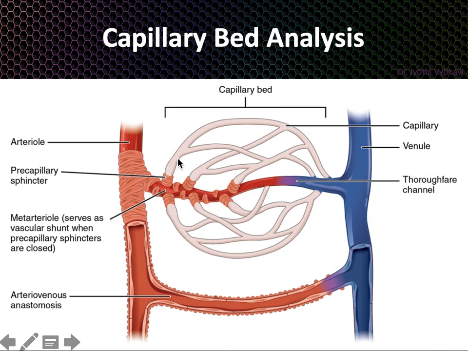Even though the capillary is like one single tissue, the arterial side behaves like a totally different tissue, and the venous side behaves like a different tissue. The arterial side has a higher pressure compared to the venous system, which is a lesser pressure system. Arteries are more muscular and have a smaller lumen compared to the venous system.